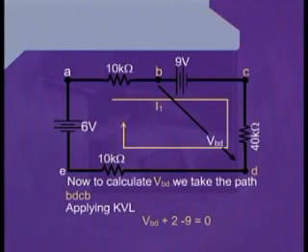After writing this term, we reach at the point C. While at the point C, looking towards the point B, we also see that there is a 9 volt source between the points C and B. Also, the negative terminal of the voltage source is towards the point C, or it is directly connected to the point C. Therefore, we put a negative sign and the value of the voltage source, which is 9, and equate all these terms to 0.